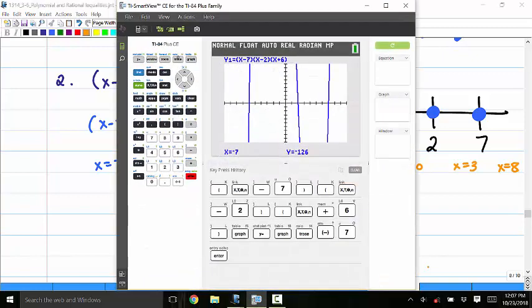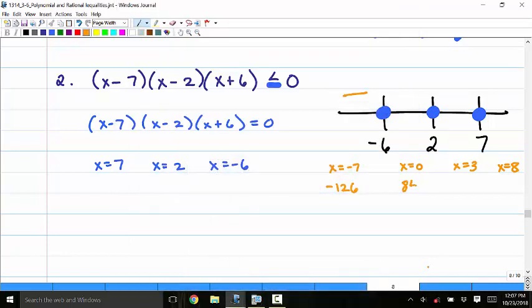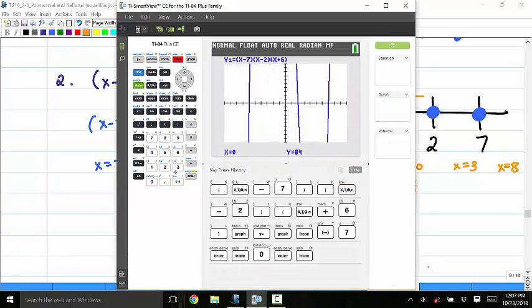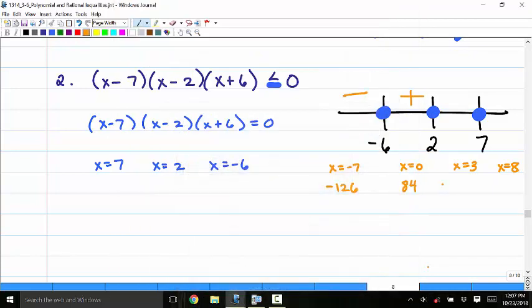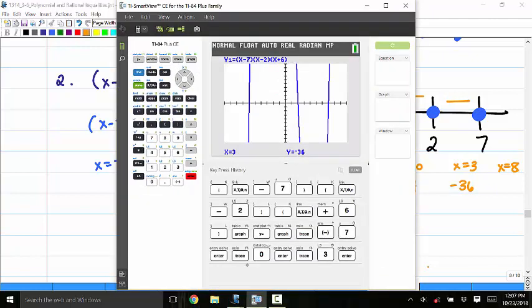If I type in x equals 0, I get y equals positive 84. So I'm going to put a plus. If I let x be 3, so trace x equals 3, enter, y equals negative 36. And last, if I let x be 8, trace 8, enter, y is positive 84.